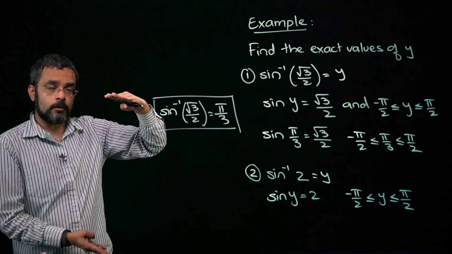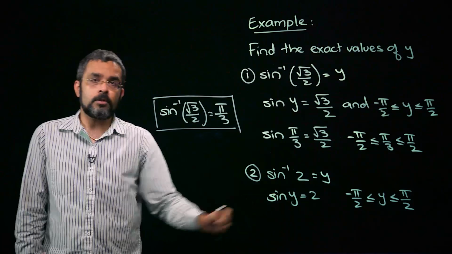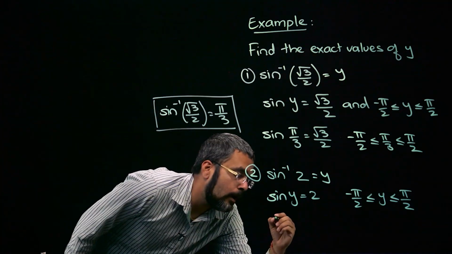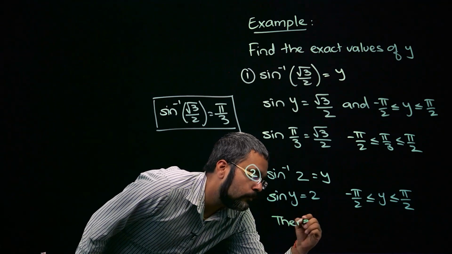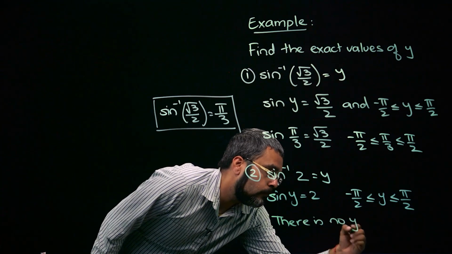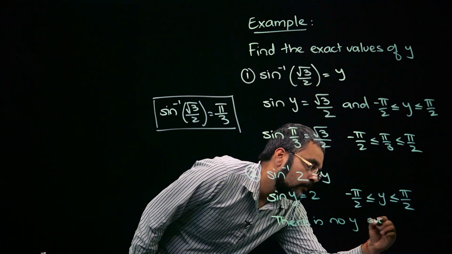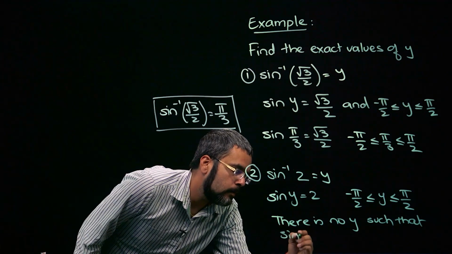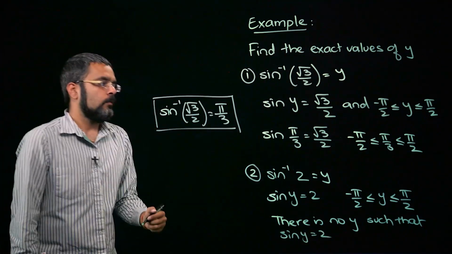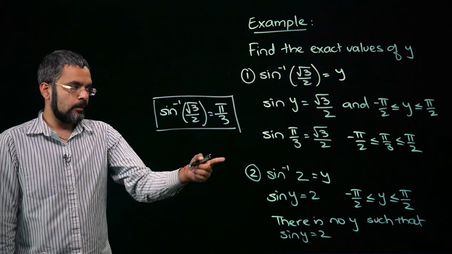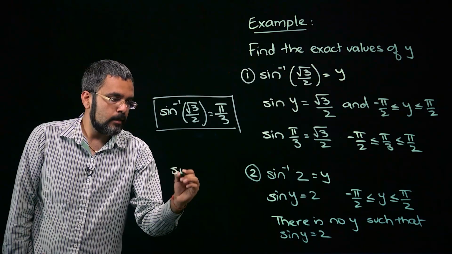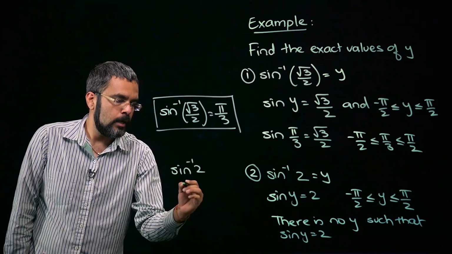So all the values have to be between 1 and negative 1. Well, 2 certainly is not between 1 and negative 1. And so there is no y such that sine of y equals 2. You cannot solve that, so there is no y. So sine inverse of 2 is undefined.